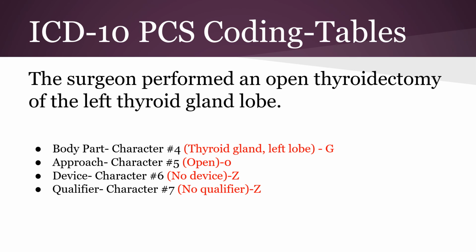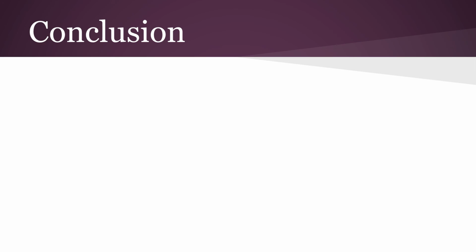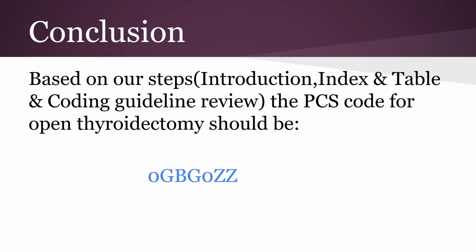Our device, there wasn't a device that was left inside the body. And then our qualifier is Z because there wasn't any additional information utilized for this procedure. So based on our steps, which should include the introduction, the index, as well as the table and coding guideline review, the PCS code for the open thyroidectomy should be 0GBG0ZZ.